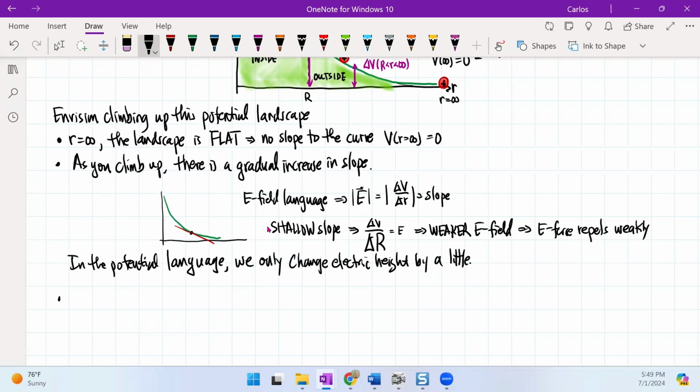So now, if we continue along the same path, as you continue climbing, the landscape grows steeper.